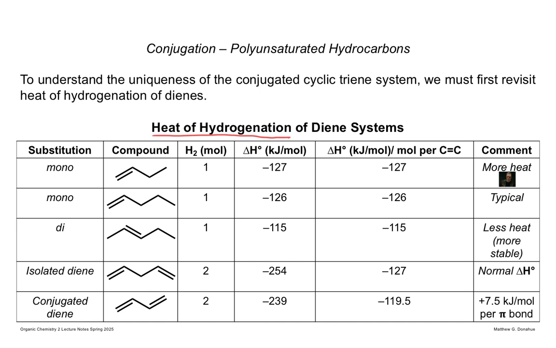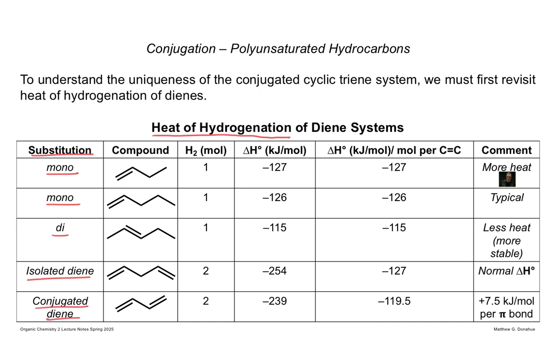And shown in the table here are 5 different compounds, classified according to their substitution pattern of the alkene. So we have a monosubstituted alkene, a second monosubstituted alkene just with another carbon, a disubstituted alkene, an isolated diene, and then a conjugated diene.